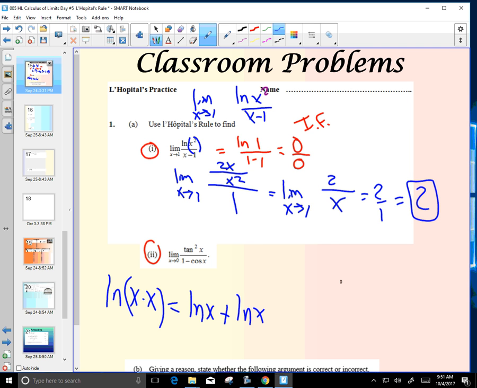So how many of those are there? 2. There's 2 of them. So what's a quicker way to say there's 2 of those natural logs of x? Pull that 2 out in front. And so that's going to be the limit as x approaches 1 of 2 times 1 over x, all over 1, and then you can see the 2 over 1. Just a little quicker, but both ways are fine.